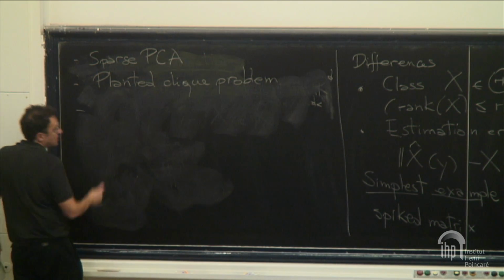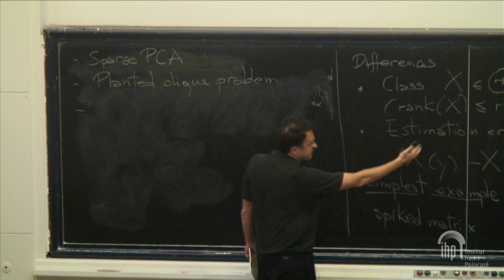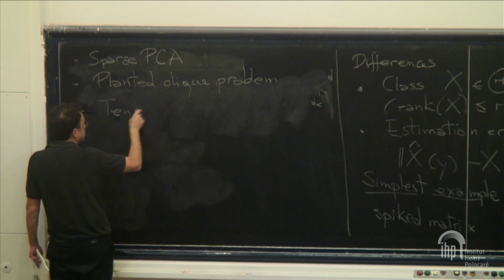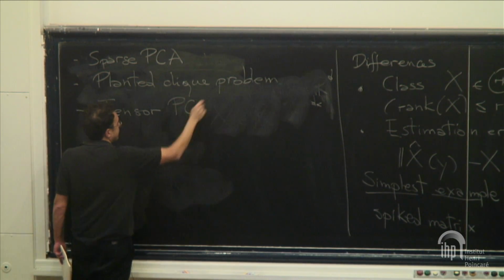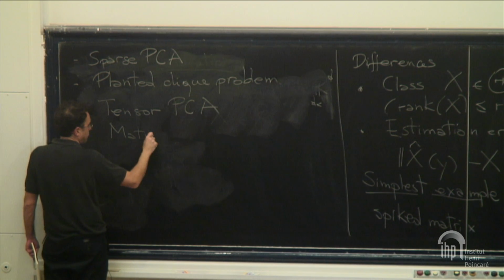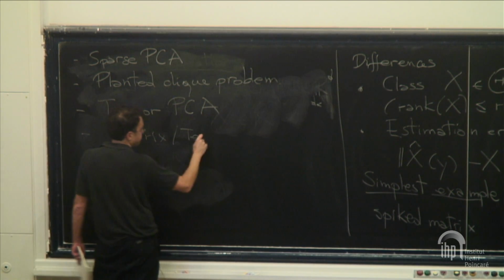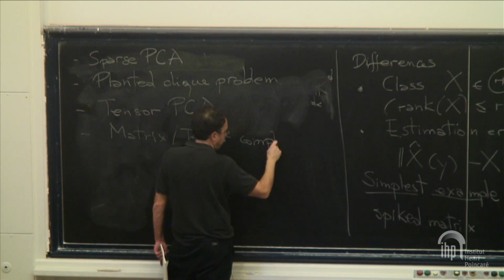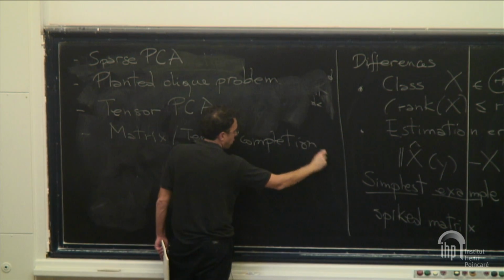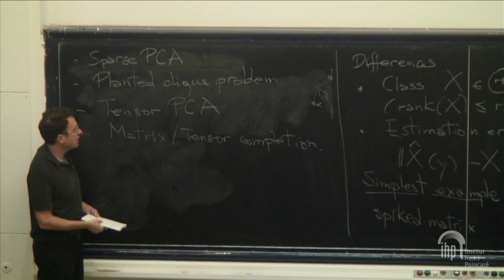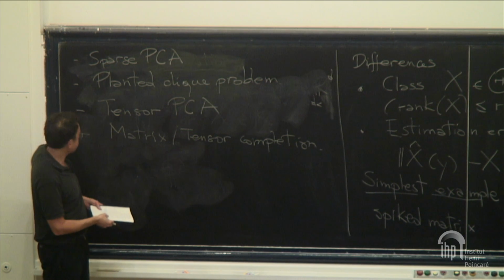I'll talk a little bit about the tensor version of this, that is sometimes called tensor principal component analysis, and perhaps I'll talk about matrix and tensor completion. I don't really know how much of this I'll be able to cover, but I'll try to do a little bit of this.